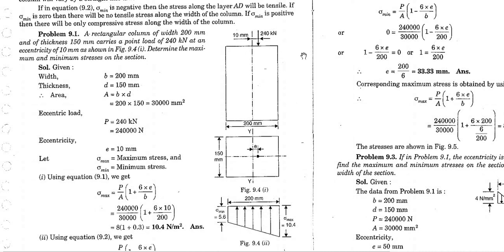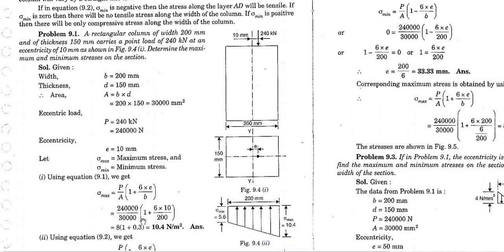Okay, so now put all the values as given in the question. P is 240,000 Newton divided by our area, which has been calculated here, into 1 plus 6 into eccentricity, 10 millimeter, divided by our breadth, 200 millimeter.